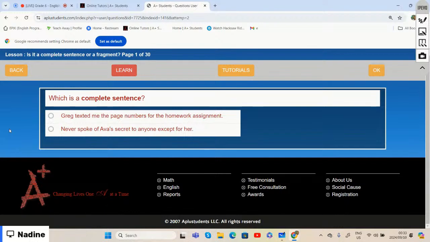Or option two, never spoke of Ava's secret to anyone except for her. Which one is a complete sentence, option one or option two?